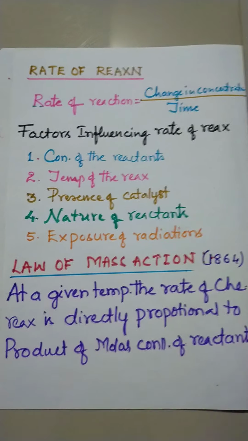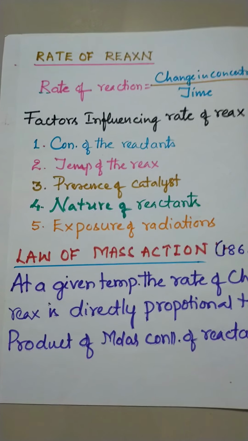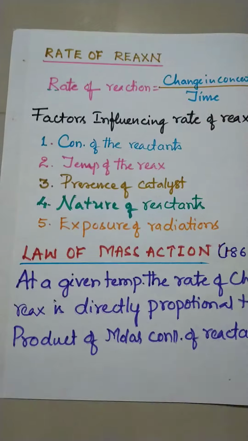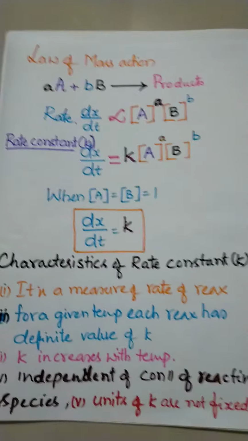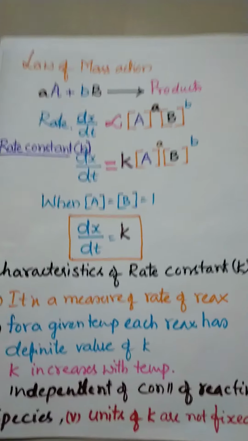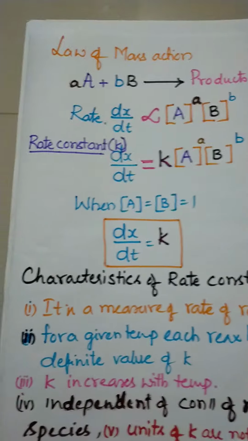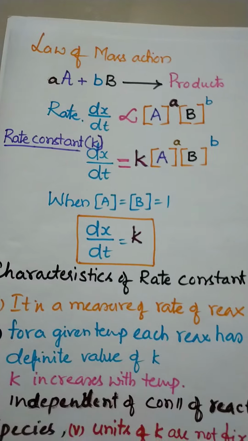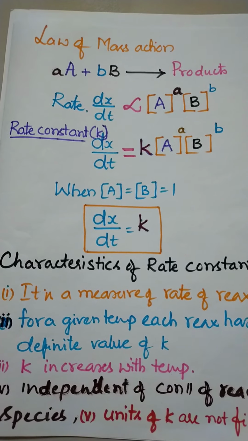How do we go for the law of mass action? On what basis do we go for it? Through reactions. Law of mass action: considering a general reaction, the concentration of A and the concentration of B, that is the reactants, with the coefficients small a and small b.